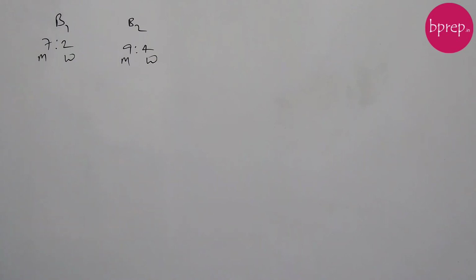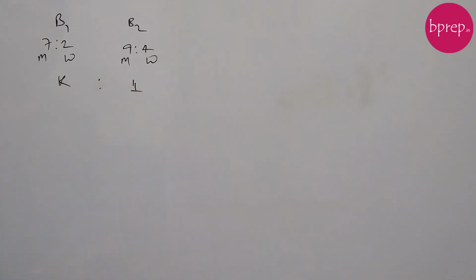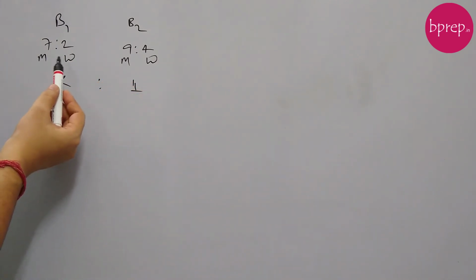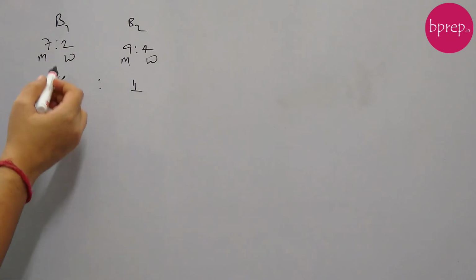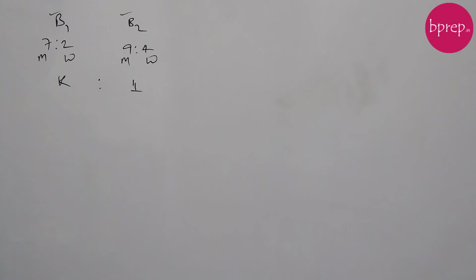Let's say the ratio in which we will be mixing these two liquids is K:1. That means if we take K units of liquid from bottle 1, we will take 1 unit of liquid from bottle 2.